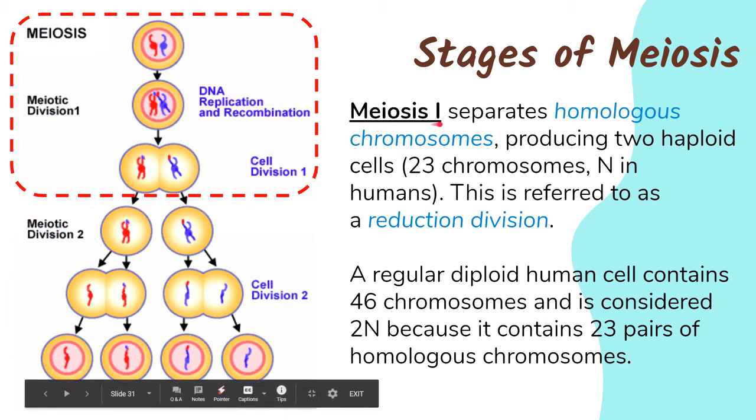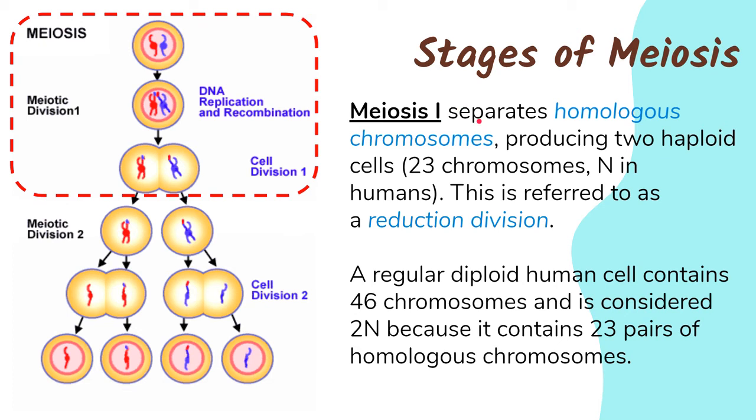During meiosis 1, what's important is that it separates the homologous chromosomes to produce two haploid cells. So, separation of homologous chromosomes to produce haploid daughter cells. This is why it's called a reduction division, from diploid to haploid.